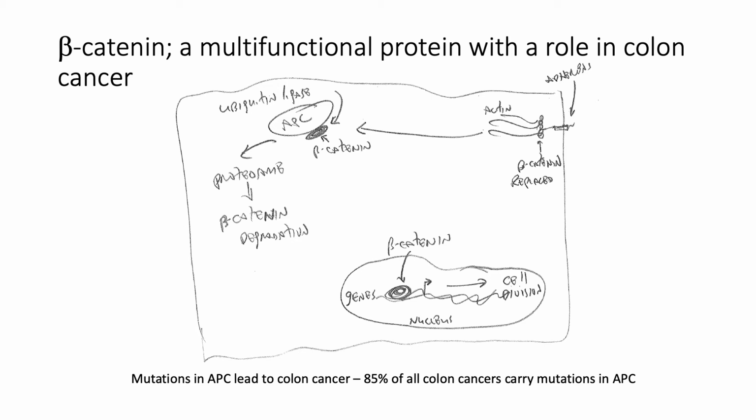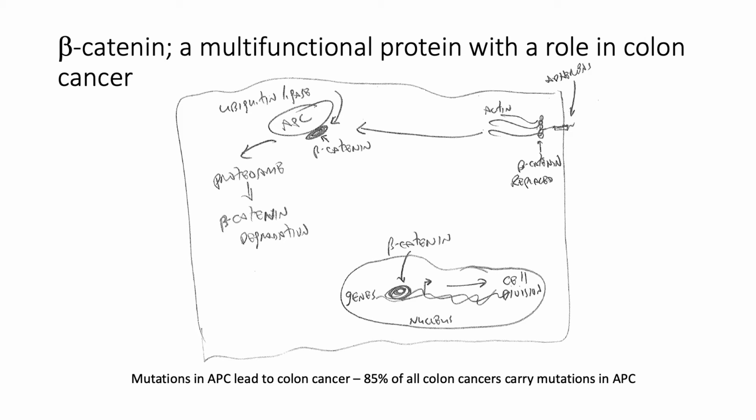And then it got even more interesting when it turned out that the APC gene, that's the ubiquitin ligase for the beta-catenin, the APC gene is mutated in 80% of all colon cancers. So 80% of all colon cancers carry mutations in APC. The mutations in APC inactivate the ubiquitin ligase, so it's non-functional.